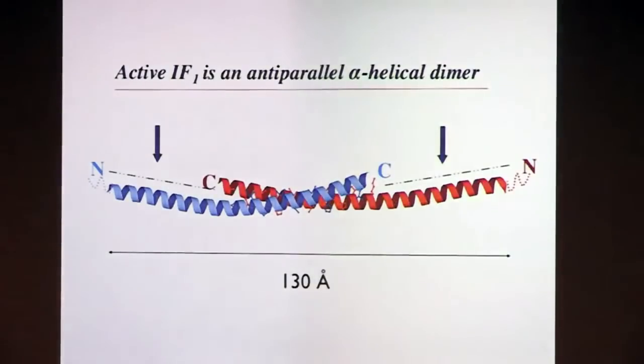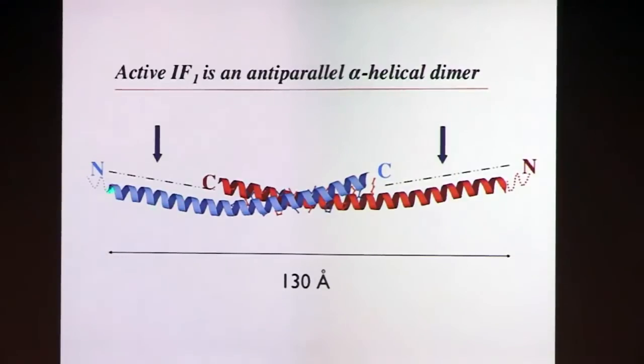So this is what the mitochondrial inhibitor protein looks like. It's a very simple alpha helical protein, and its C-terminal regions form an antiparallel coiled coil.